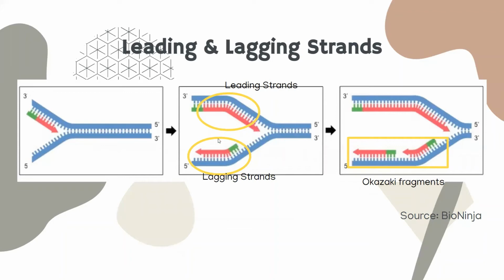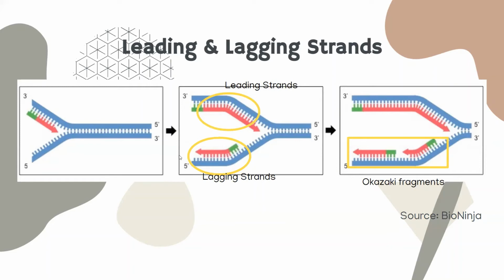But for the other side, it's going to be hard to do that because the fork opens up from the 3' end. Since DNA replication is always, with no exception, 5' to 3', it has to be fragmented, because the direction of replication is this side, but the direction of the fork opening is the other direction.